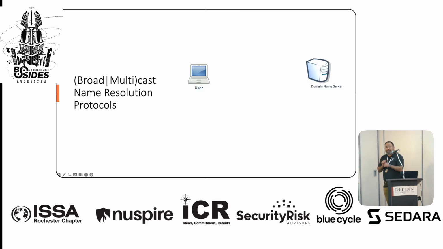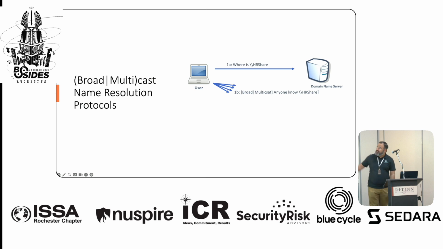So my most favorite method for this, the most common one you'll see, it's so common that we make fun of this in the pen testing communities. Okay? Broadcast multicast name resolution protocol. In college, we're taught if you want to find out where a certain share or a box is, you just ask the domain name server, the DNS. That's not true.